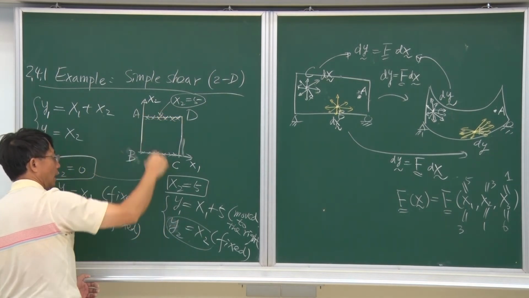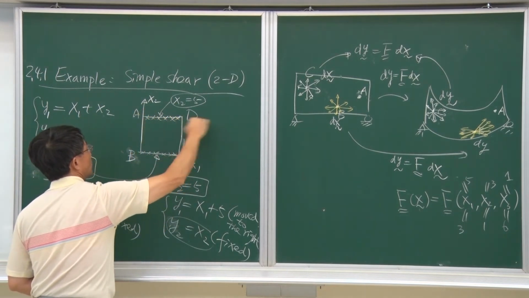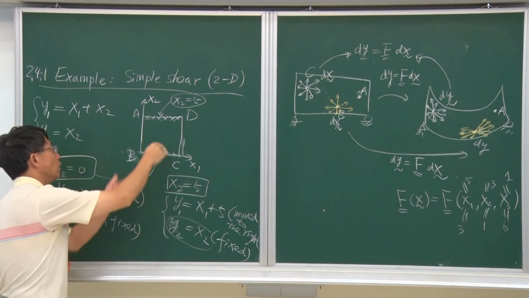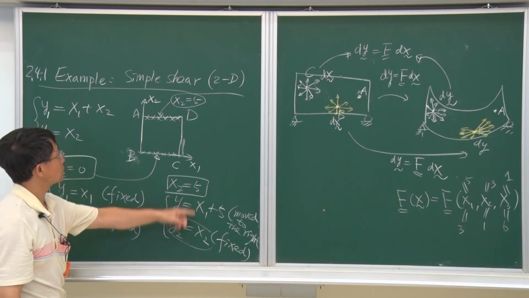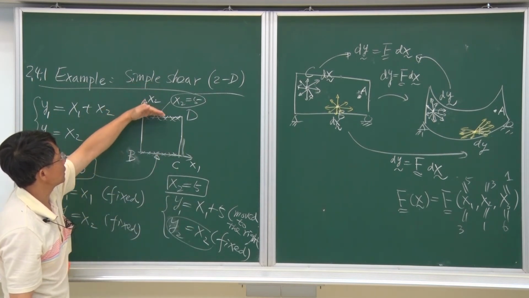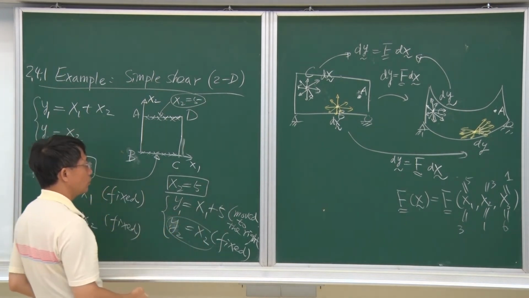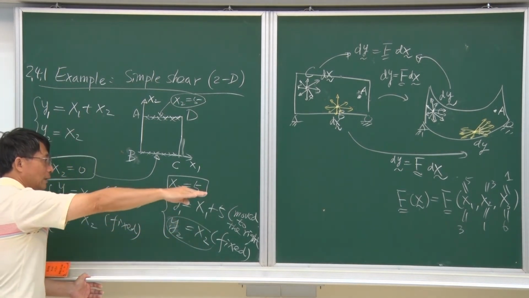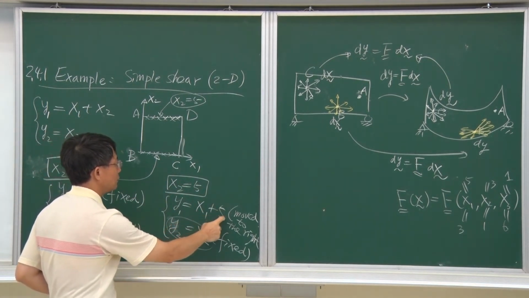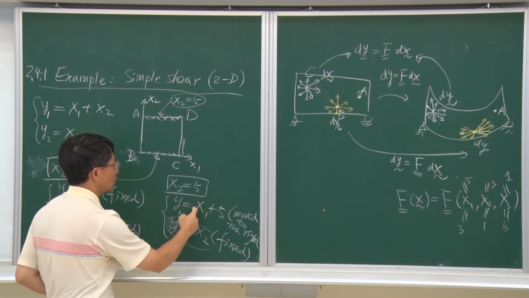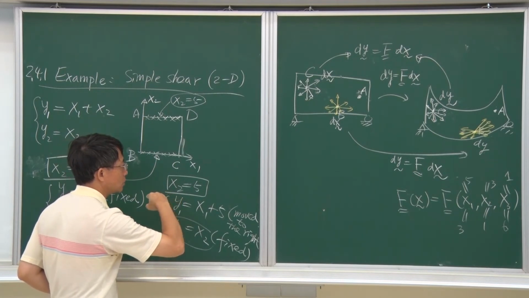Okay, so because y2 equal to x2, this material line only deforms in this way. 不会跑上去，也不会跑下来。但是这边 x1，每一个 x1 都要加 5，对不对？所以它就要往右移了。OK, because every material point's position coordinate increases by 5, the material line will move to the right side.